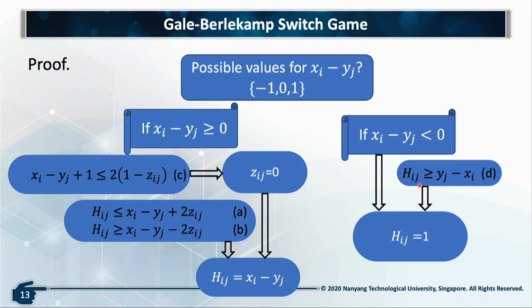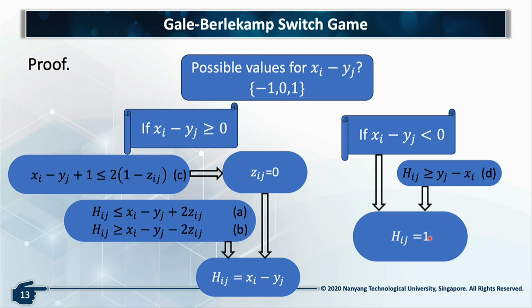Indeed, we find that hij always equals the absolute value of xi minus yj. For the first case, when xi minus yj is non-negative, hij equals this difference itself. But in the second case, if this difference is negative, which means it takes the value of -1, hij equals 1, which is the negative of the negative.